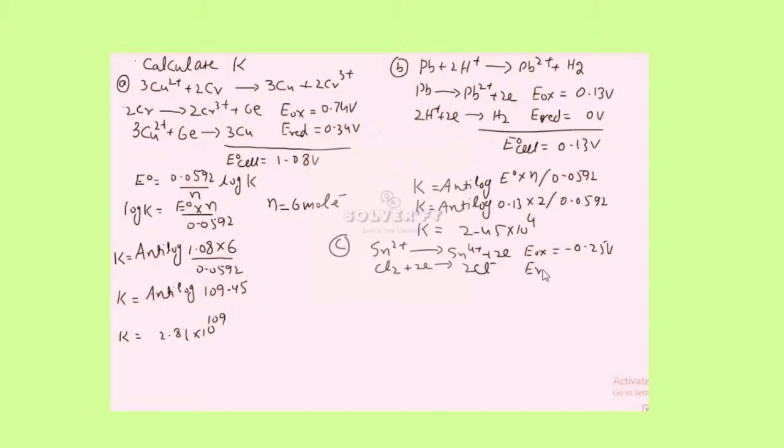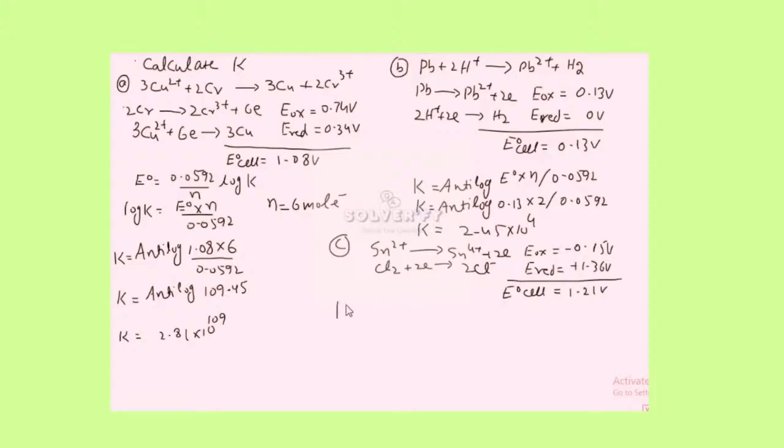Here the E reduction of the chlorine is plus 1.36 volt. Adding the E oxidation and E reduction to get E naught of the cell, which is equal to 1.21 volt.